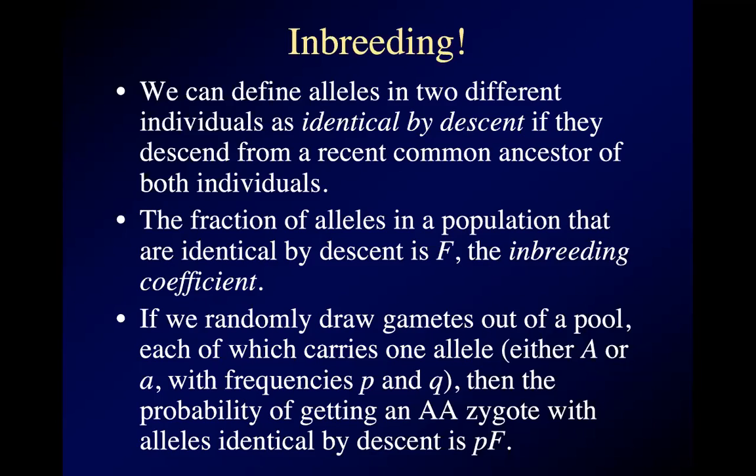The probability that you reach in and you pull out a sperm that has the allele that is identical by descent is F. So the probability that any given zygote is going to have the genotype big A, and its alleles are identical by descent, is PF.